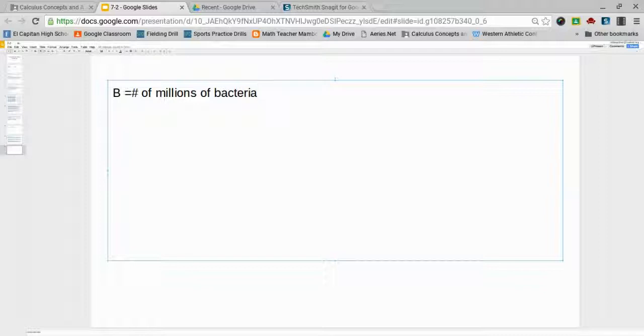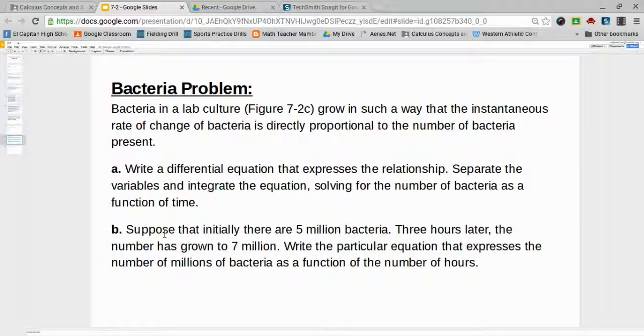You could put it as the number of bacteria, but make sure that you have somewhere in there parentheses millions, because you need to know that the number you're showing represents millions. And we also know that T is the number of hours.